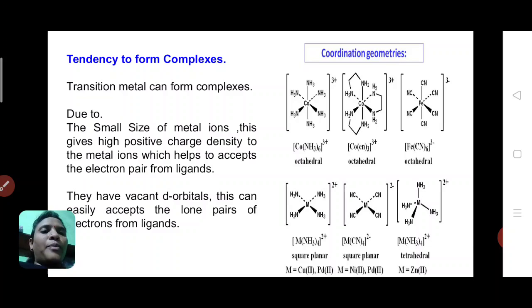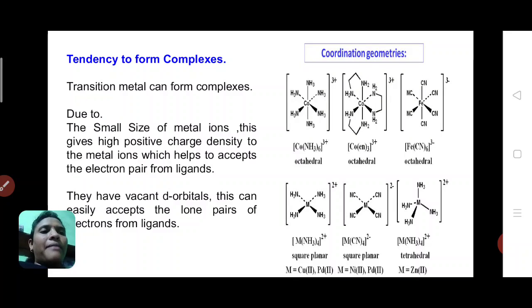Due to high positive charge density, this metal ion can accept electron pairs from ligands, so a bond easily forms between metal and ligands. Then due to vacant d orbitals, they can easily accept the electron pair from ligands. So all these properties are very important from the examination point of view.